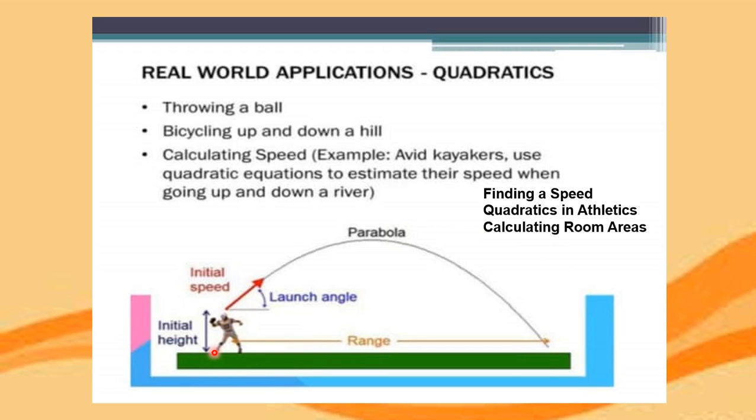As in the picture we are observing, when a person throws a ball, it goes in a curve, and this curve is known as a parabola. As we learned in chapter 2, Polynomials, the graph of a quadratic polynomial is a parabola.